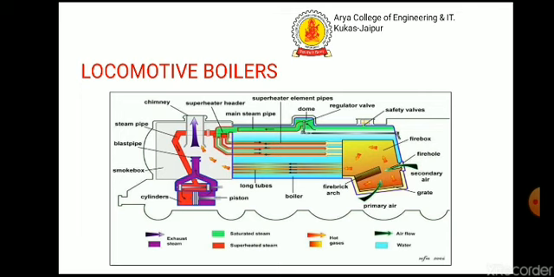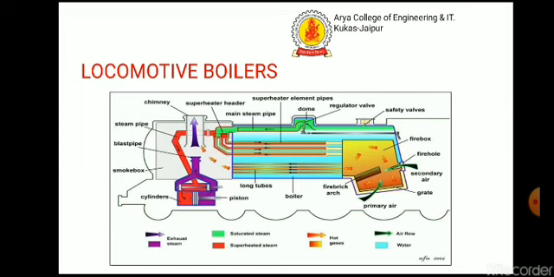It consists of a boiler shell. Fuel is fed into the firebox through the fuel door. Air enters through the damper and the fuel sits on the grate plate. The rate of combustion and the amount of steam generated is controlled by the damper. The fire brick arch deflects the hot gases and improves the combustion efficiency.